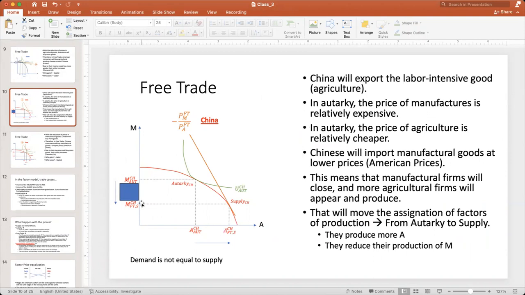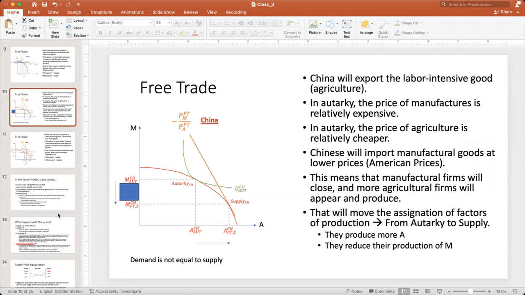But given that these types of models assume that the country should not have unemployment or unutilized capital, I mean, we cannot have capital without being used in the sectors, the capital and labor released from the non-competitive firms will be employed in new firms or in the expansion of previous firms that are producing agricultural products, in this example in China. So there is factor mobility. If a worker is fired in the manufacturing sector in China, that person will be immediately hired in the agricultural sector.